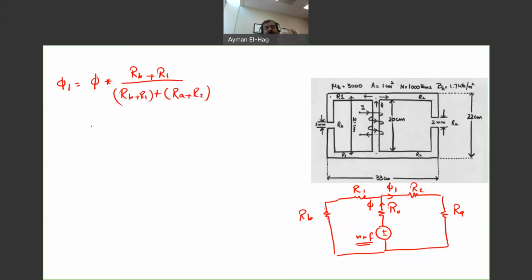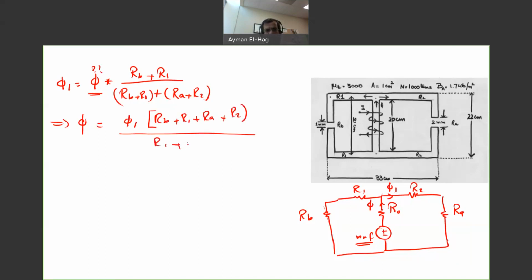Everything is known to us except phi. So phi is equal to phi 1 times the summation of all reluctances, RB plus R1 plus RA plus R2, divided by R1 plus RB.